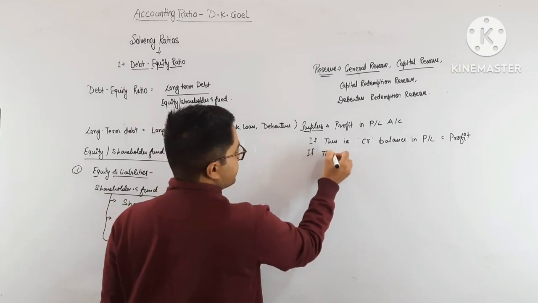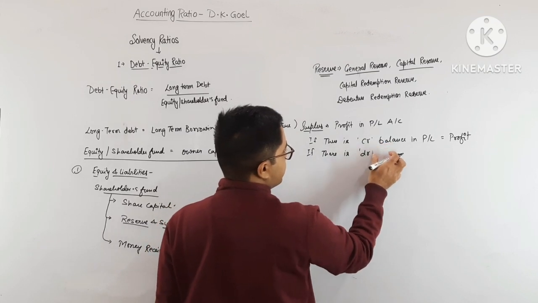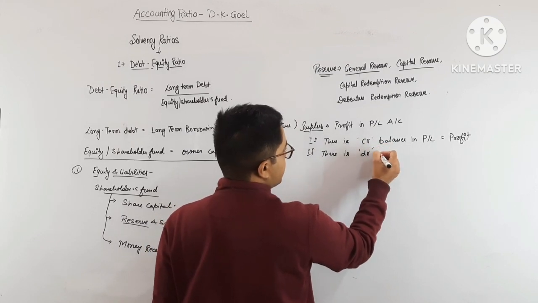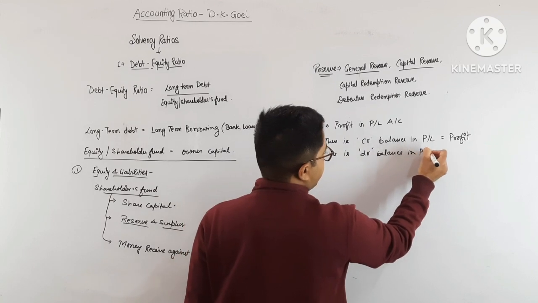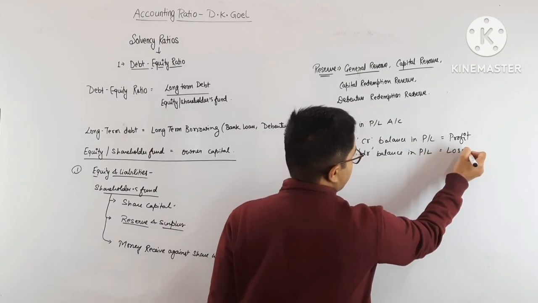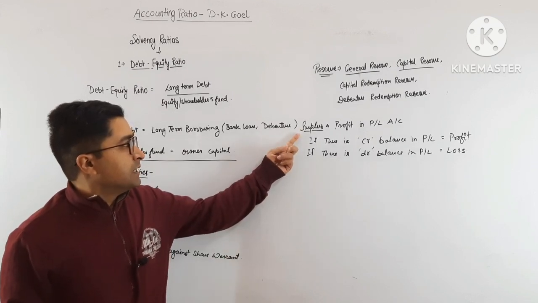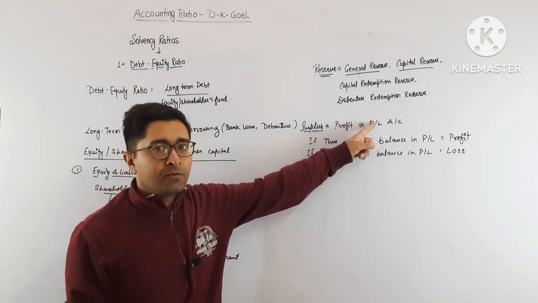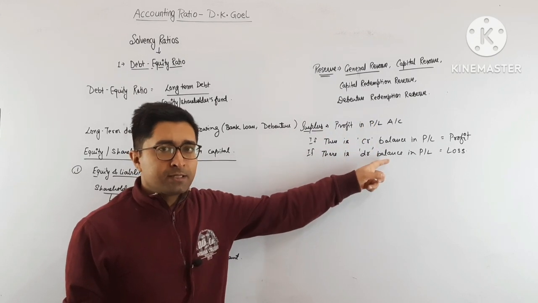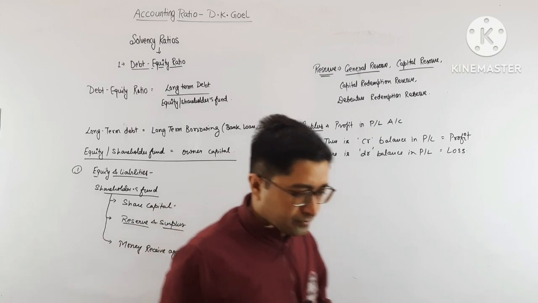If there is a debit balance in P&L, it means it is a loss. So from the point of surplus, if the credit balance is given, we will add, and if the debit balance is given, we will subtract. Clear? Now note this.